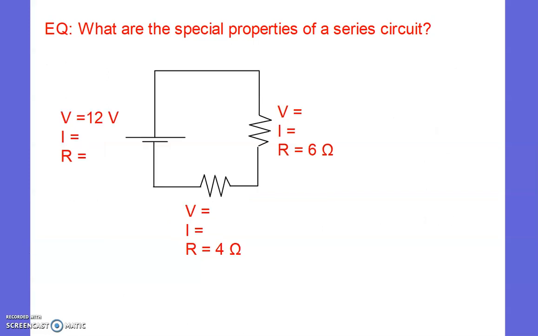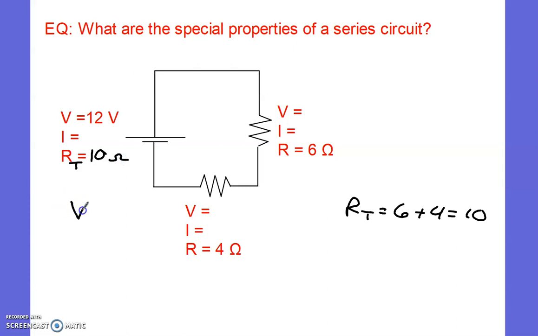Let's try another one together, and then I'm going to have you do a couple on your own. The first thing we do is we solve for the total resistance by adding the resistances together. So here we have 6 plus 4, which is 10. The total resistance is 10 ohms.